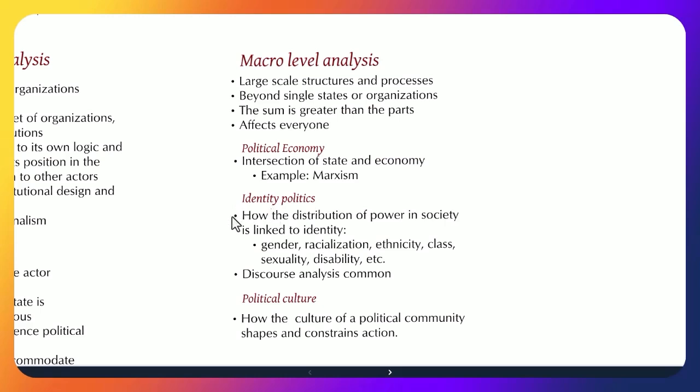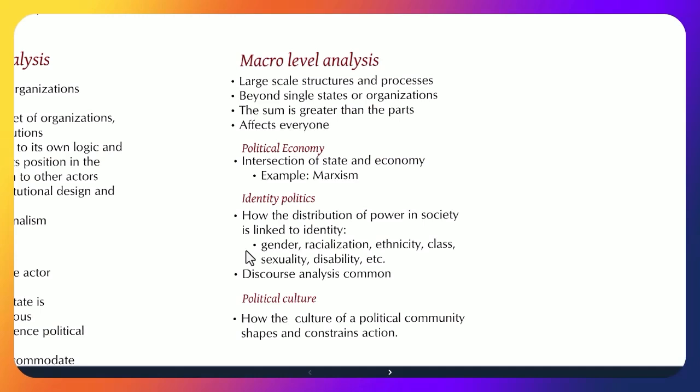It discusses very much how the distribution of power in society is linked to identity. So gender, racialization, ethnicity, class, sexuality, disability, and so on. And so a person who is born as a woman, for instance, will confront different barriers, perhaps different experiences, very likely, than a person who's born as a man and has been socialized into those genders.